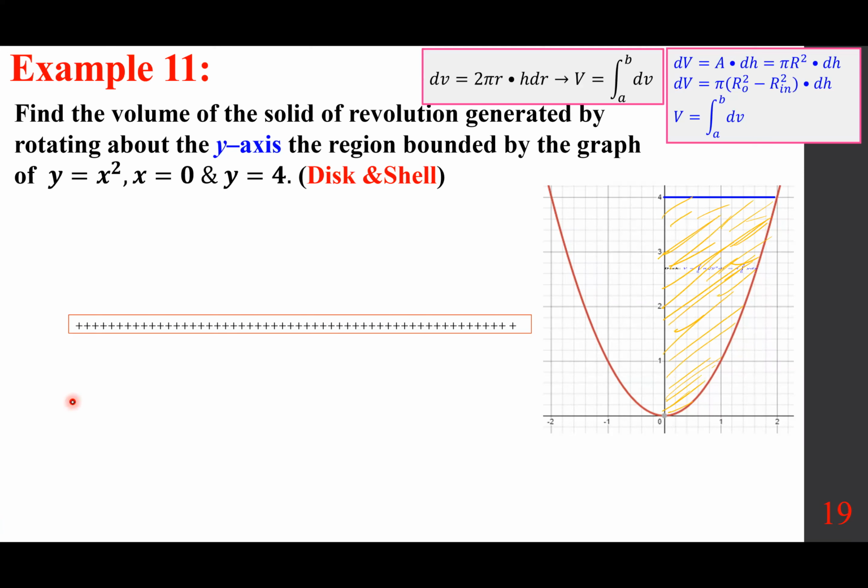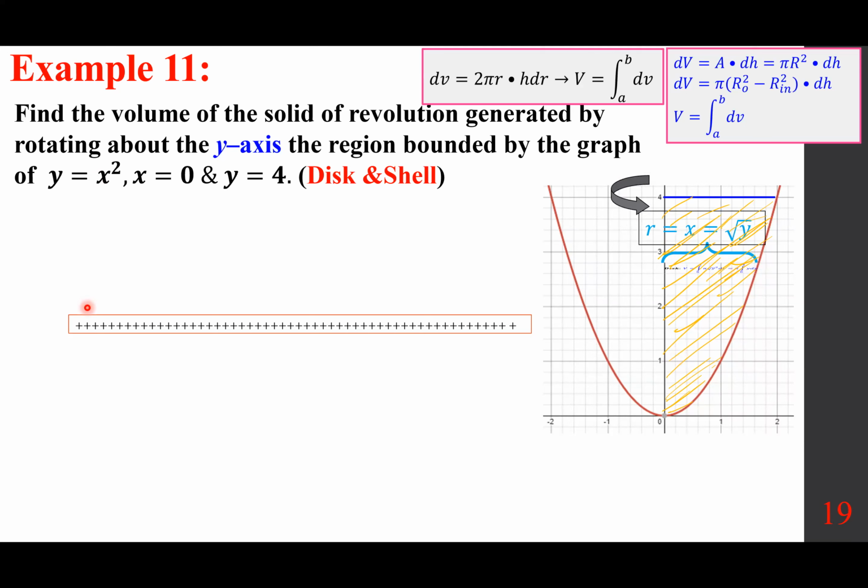So we are going to move it this way around the y-axis. And the part that we have here creates the distance to the axis of revolution, r equals x.